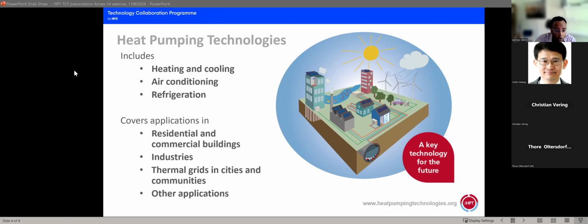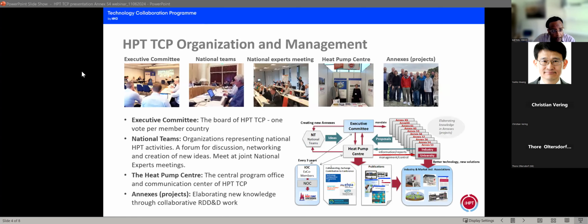And if we look at the HPT TCP organization and management format, we have the executive committee, which is the board of the HPT TCP, and each member country has one vote.